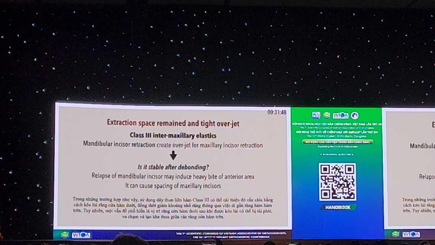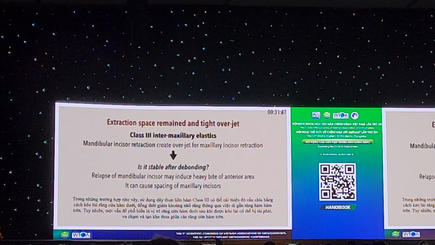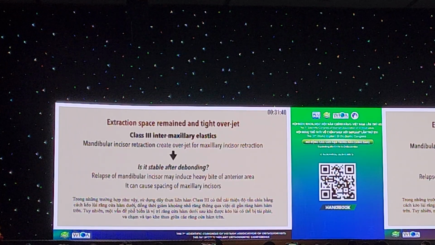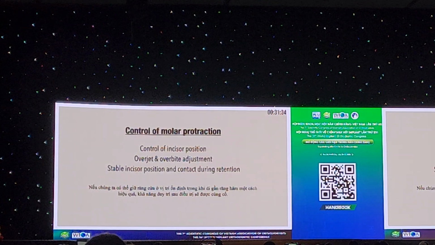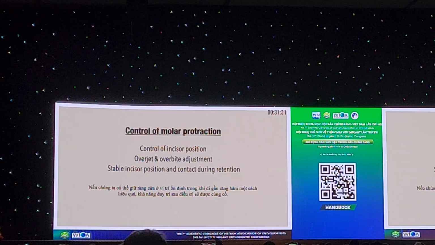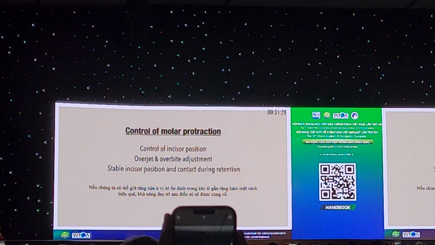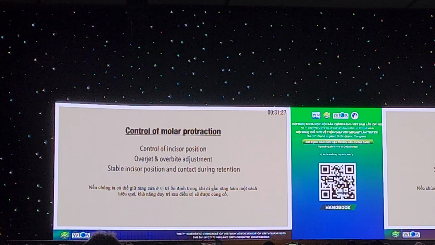However, a common issue arises when the retracted mandibular incisor position relapses, potentially colliding with the created space at the maxillary incisors. If we can maintain the incisors in a stable position while effectively advancing the molars, post-treatment retention will be reinforced.